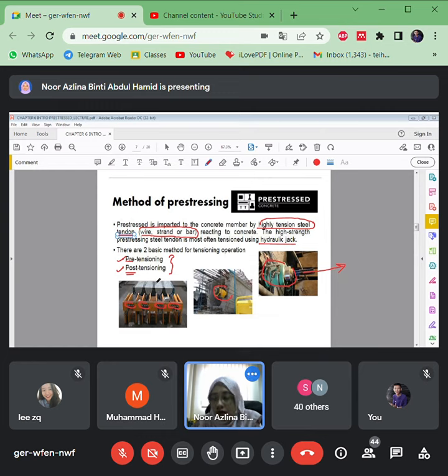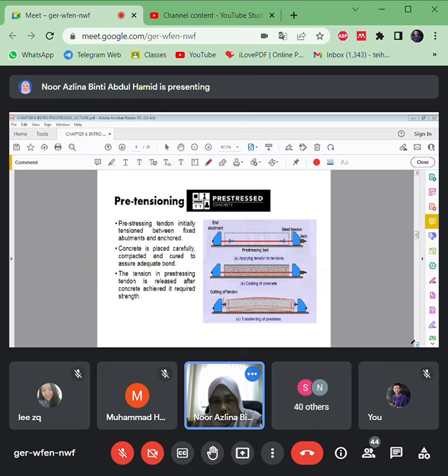That's why it uses the terms pre and post. That means we apply the compression first, or we apply it at the final stage of the manufacture. All right, so pre-tension here.